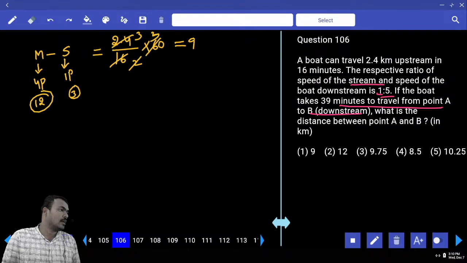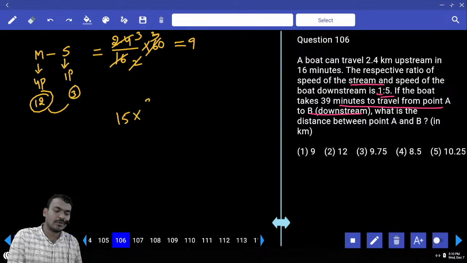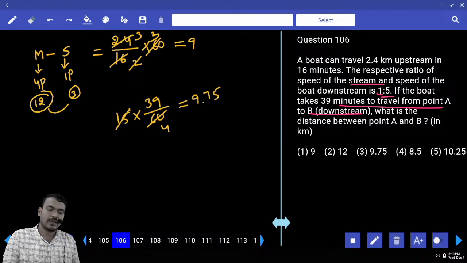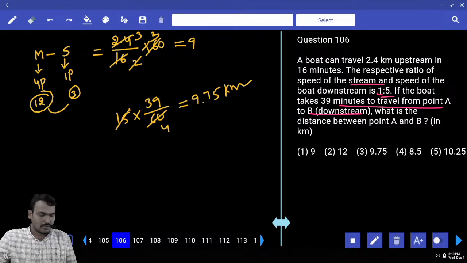Downstream speed means 12 plus 3 or 12 minus 3? 12 plus 3 means the speed value is 15. Time is how many minutes? 39 minutes, so 39 by 60. 15 how many times? 4 times. 39 by 4 will be written as 9.75 kilometers.